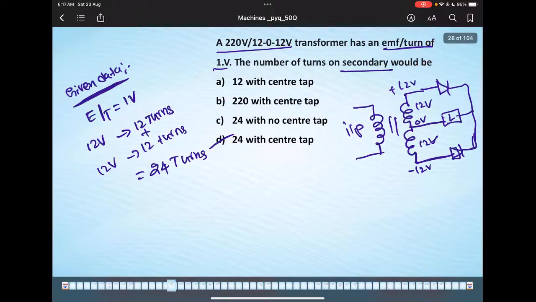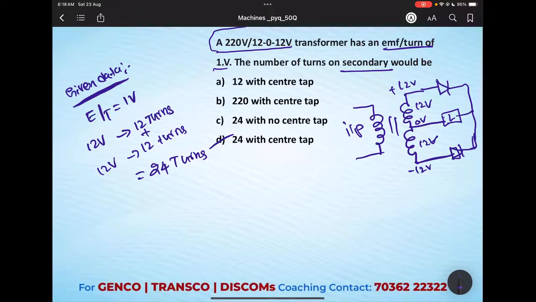Okay Rahul, I am going to explain again for you. In the given data, it is mentioned as 220 volts slash 12 volts. That means by seeing the given rating of this transformer, it is a center tap transformer. We already drew the center tap transformer circuit like this.